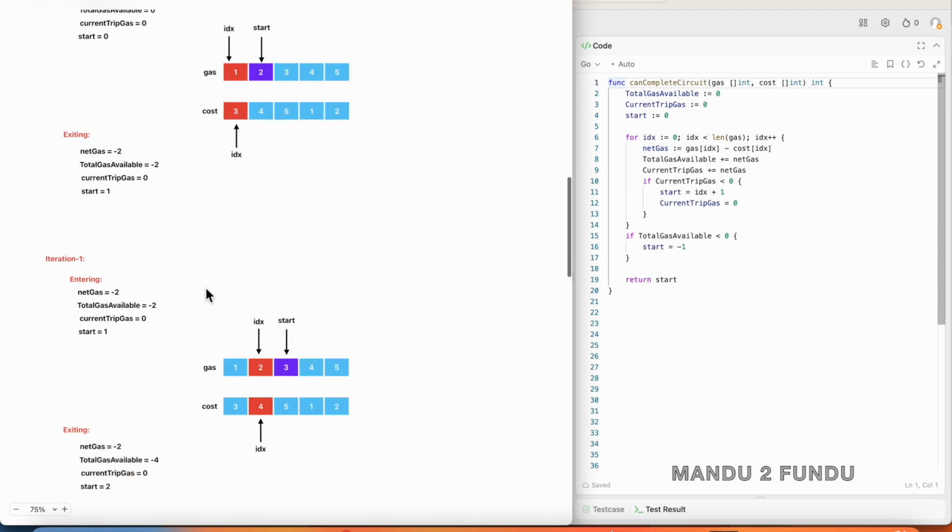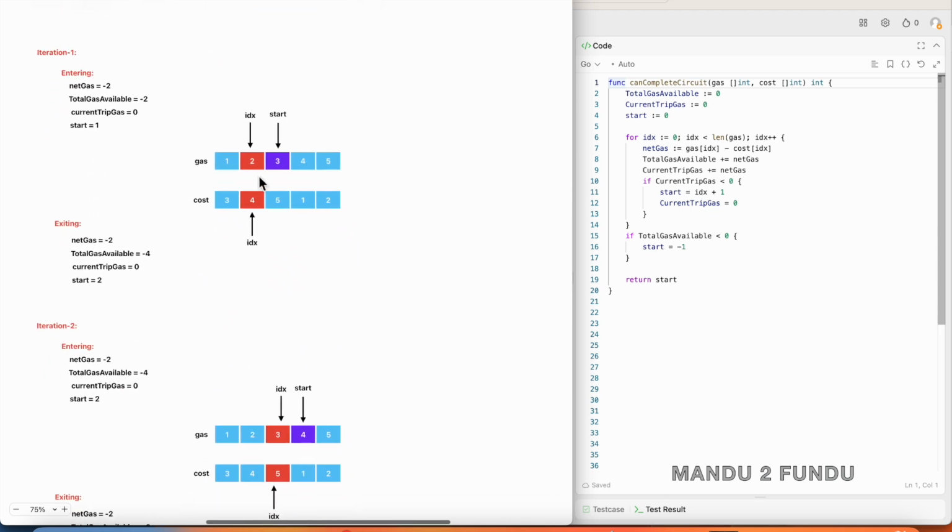Then in iteration 1 we find the difference between these two. Again the cost is higher than the available gas, so the net gas is -2 and the total available gas when we enter this iteration is -2, but when we add that it becomes -4. Because the difference is -2, we reset the current trip gas again to 0 and we advance the start pointer to point to the next station, which is at index 2.